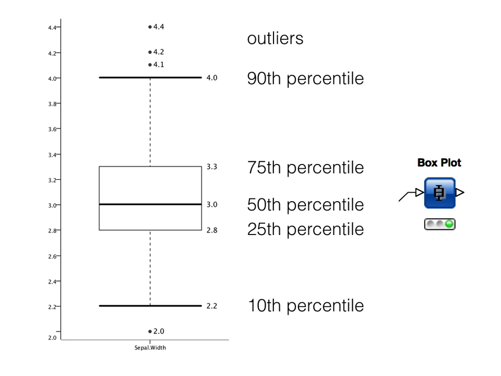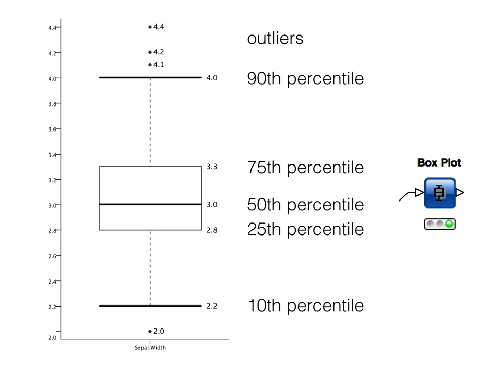Then we've got this big block in the middle, and that's showing where the 25th percentile value to the 75th percentile value for sepal width lie. And then the outer ones, the one at 2.2 shows where the 10th percentile is, and the one at 4.0 shows where the 90th percentile is.